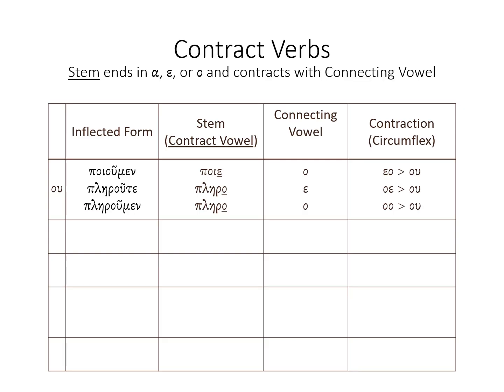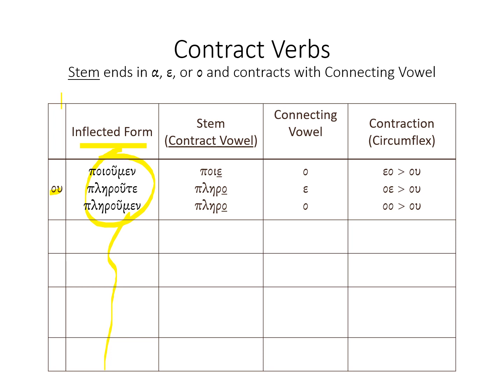So the first pattern that we have forms omicron upsilon. What I have here in this table, these four basic columns, here's just the contraction that we're looking at. Then we have the inflected form. This is what you'll see in a text. So this column is what you're going to see in a text, and that will continue all the way down for the next few slides.